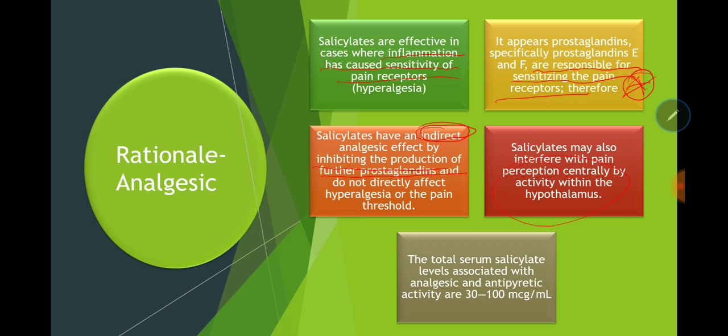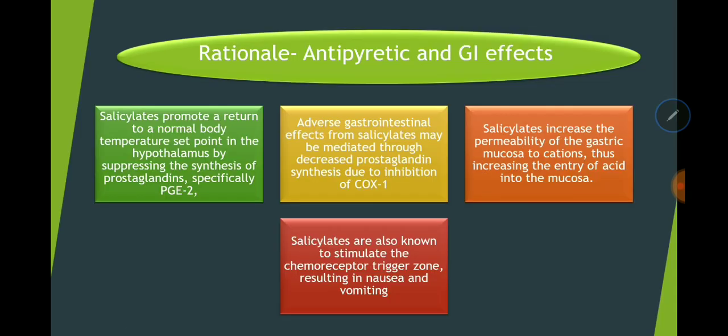So your pain perception is decreased. And the total serum salicylate levels, which are associated with the analgesia and antipyretic effect, meaning if you want to decrease fever, usually it's about 30 to 100 micrograms per milliliter.